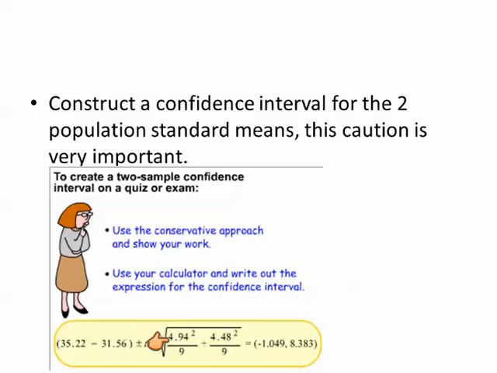This is the square root of one S bar squared divided by its sample size plus the other S bar squared divided by its sample size, to get this range. If you don't do that, you will have all sorts of little incompletes on it. So this is taking the x bars plus or minus t times that. Write that type of information down on the test, showing that you know how to use the formulas.